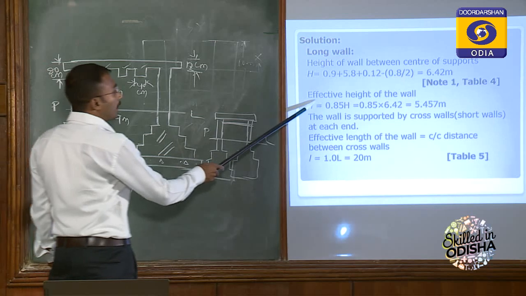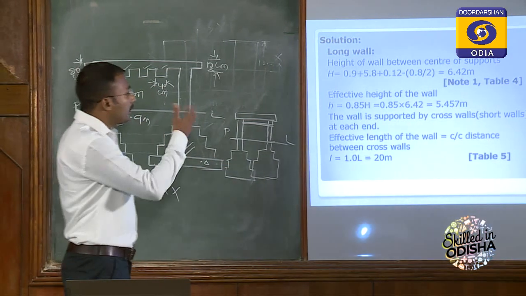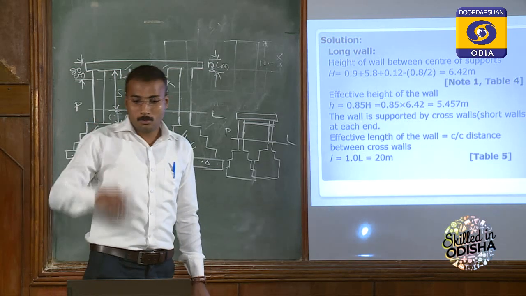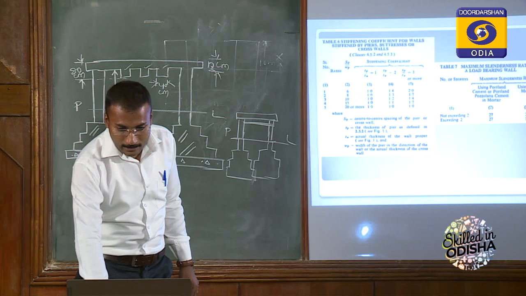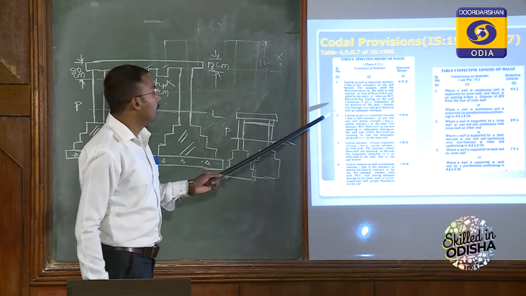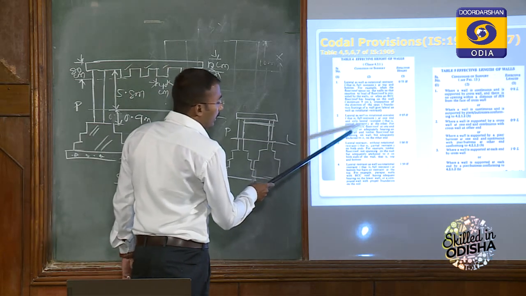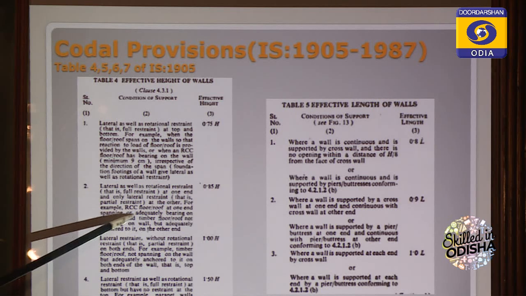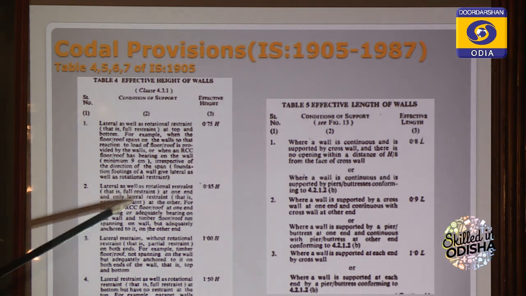So now we have to calculate the effective height of the wall. To calculate the effective height, we have to go to table 4. You can see in table 4, if we are considering the RCC floor or RCC slab, and in this case one end is fully restrained and another edge is laterally restrained.